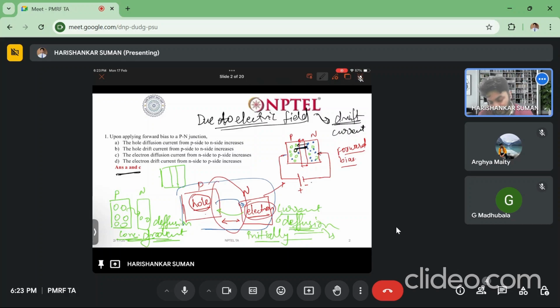The holes diffuse from P side to N side, as you can see in this picture, and the electrons diffuse from N side to P side. We have already discussed this in the picture. I think this is clear to all of you.